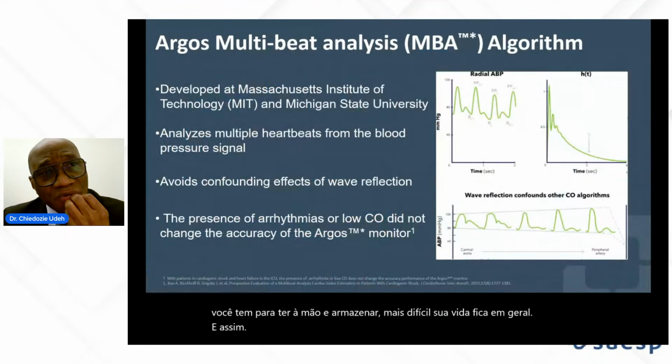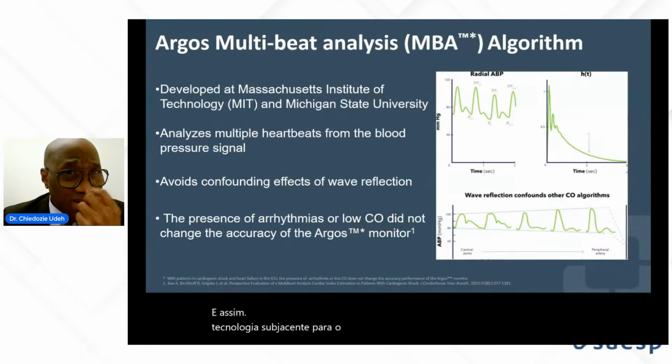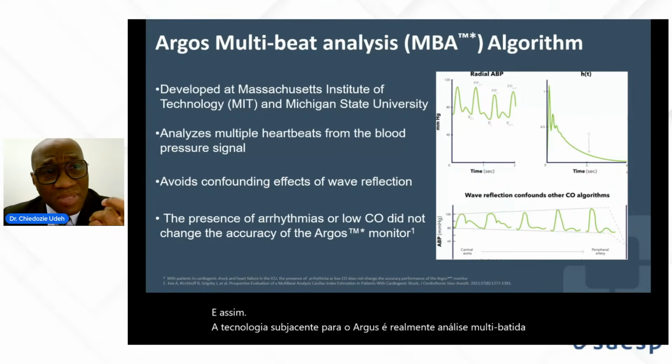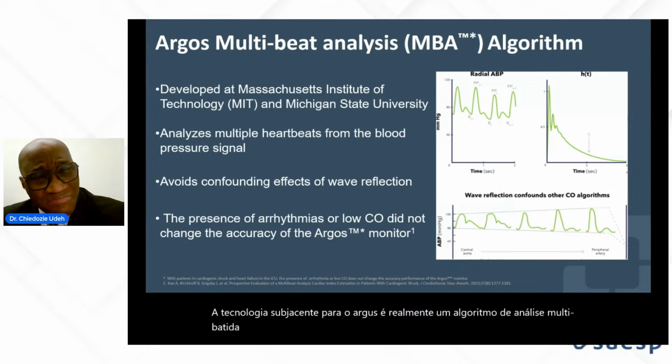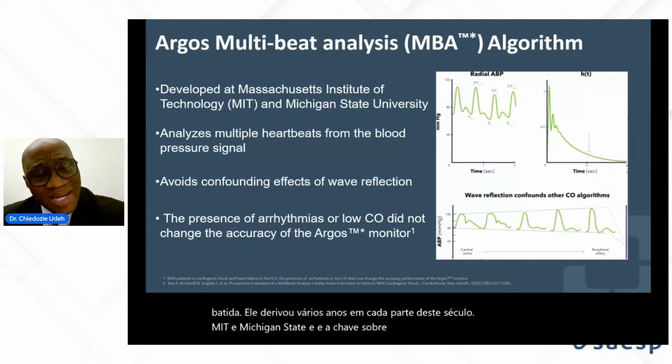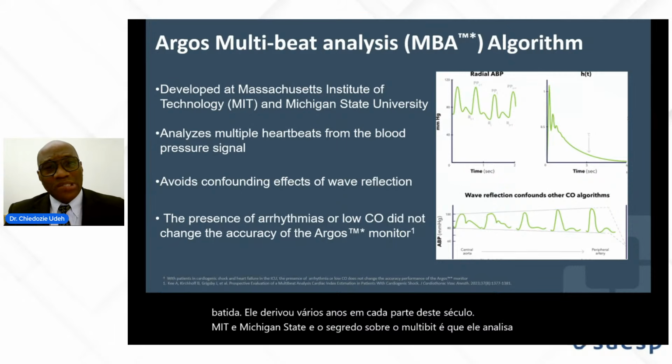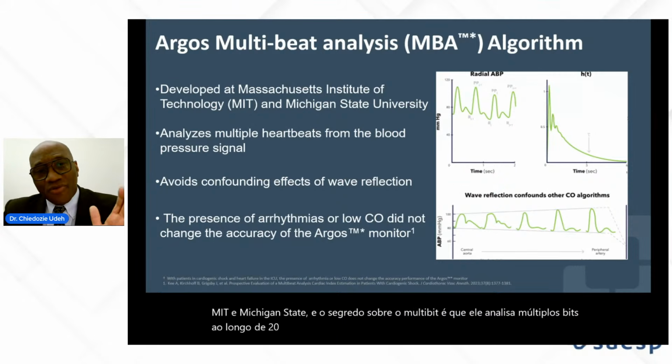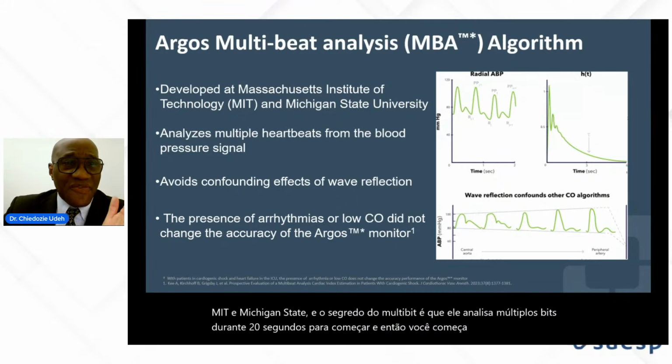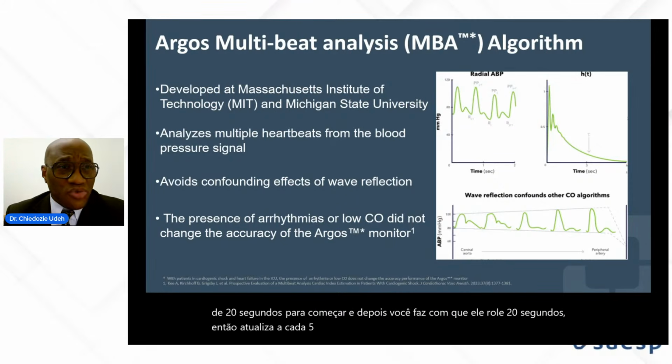The underlying technology for the Argos is really a multi-beat analysis algorithm. It was derived several years ago, early in this century, at MIT and Michigan State. The key about the multi-beat is it analyzes multiple beats over 20 seconds to start, and then it's rolling 20 seconds. So it updates every 5 seconds after the initial 15 to 20 second lag.